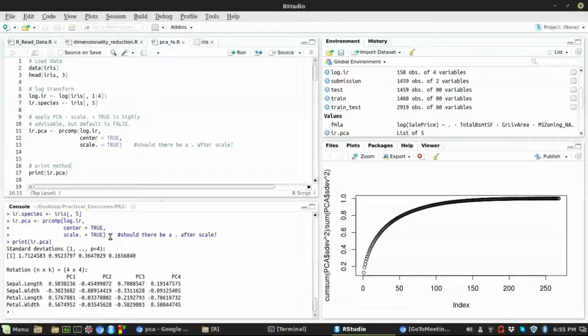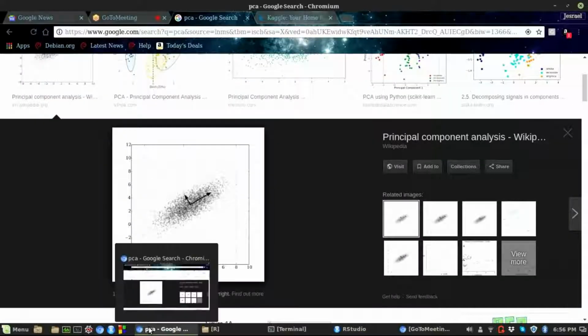So think about this, which of the original variables is contributing most to PC1? Can you tell me? Petal length.